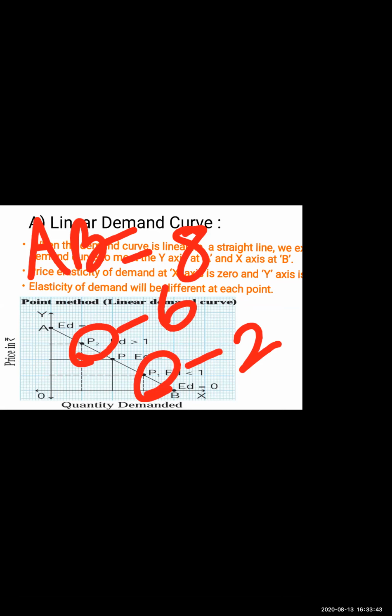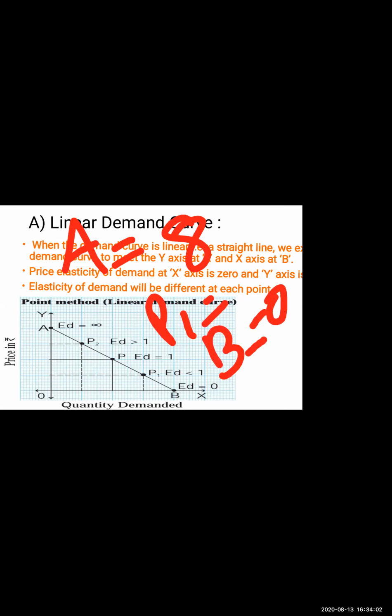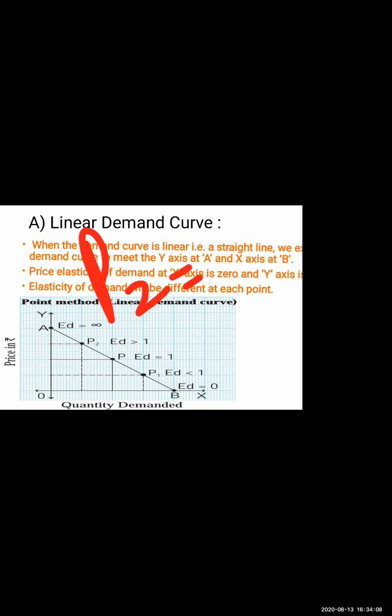Aniket, Niranjan, did you all understand? Other students present in the session, did you all understand? Okay. So total AB demand curve is 8. At point A, we have 8. At point B, we have 0. P1 is 2. P is 4. P2 is 6. We got the ratio of it now. Now further we will do.